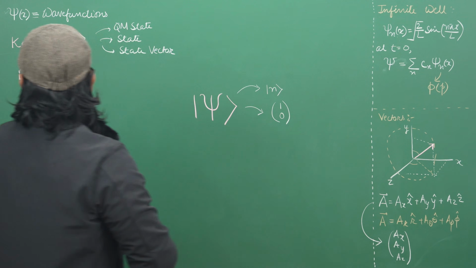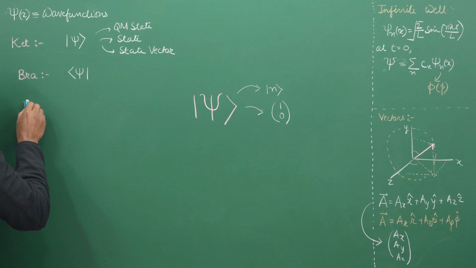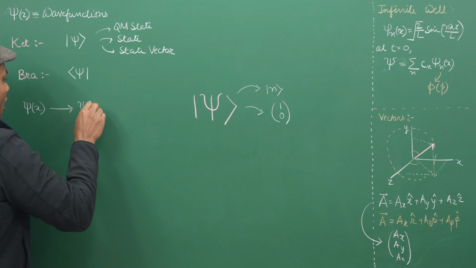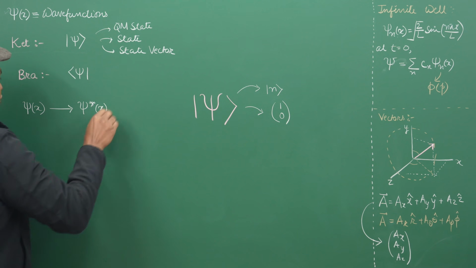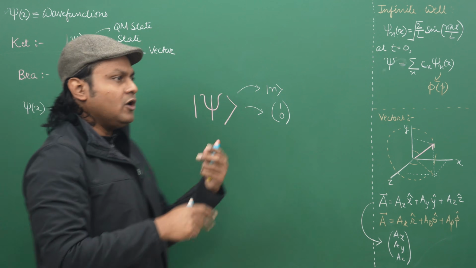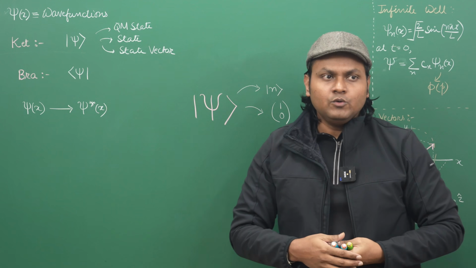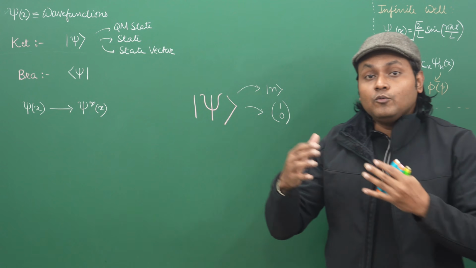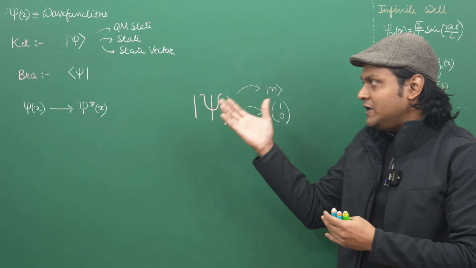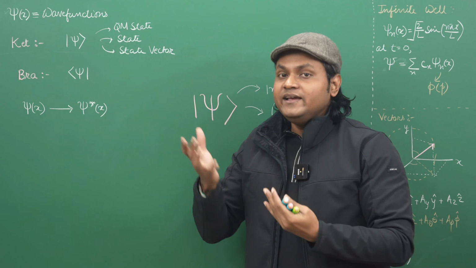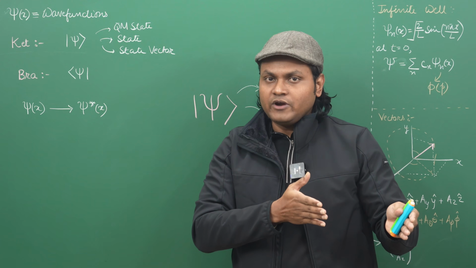So, if I have a wave function psi, we would easily be able to obtain the complex conjugate of the wave function. And the complex conjugate is important because wave functions themselves are complex mathematical functions, and whenever we want to find out, let's suppose, the probability density of a particle, we would multiply the wave function with the complex conjugate and integrate it over the region in which we are trying to find the probability.